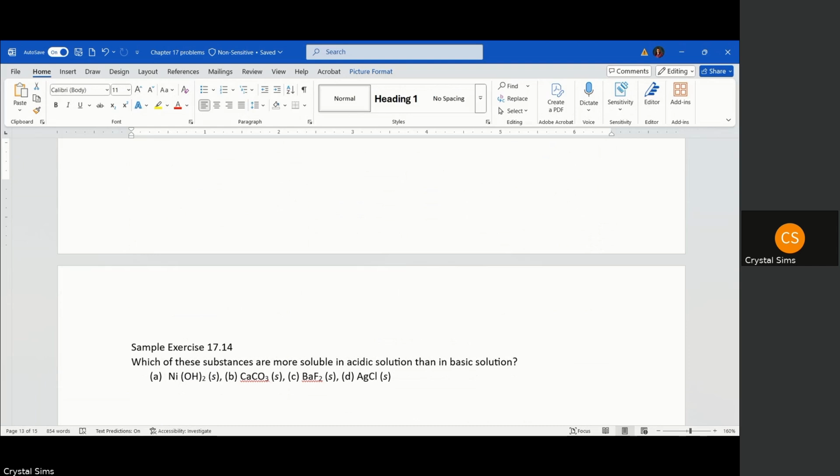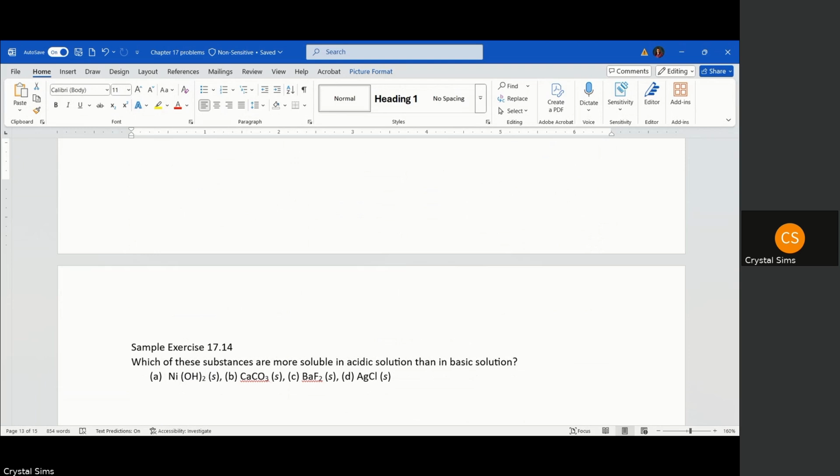So the solubility of slightly soluble salts containing basic anions will increase as hydrogen ion concentration increases or as the pH is lowered. So that's what we're trying to figure out here is when looking at these slightly soluble salts, we want to know, are they more soluble in an acidic solution? So in other words, do they contain a basic anion?